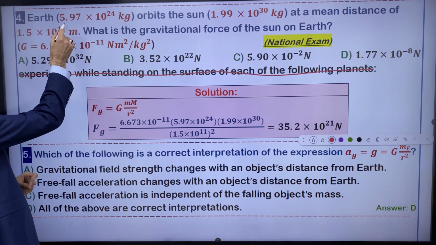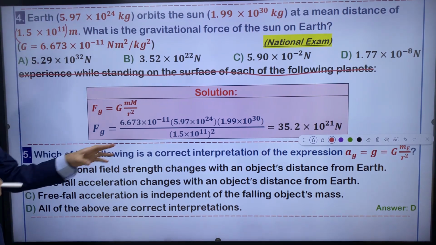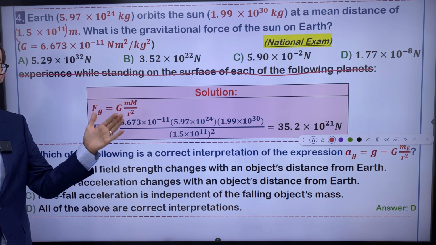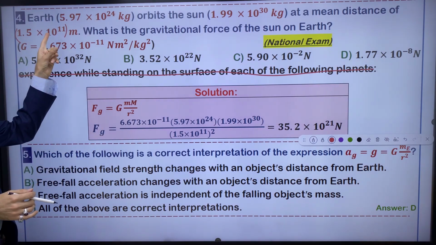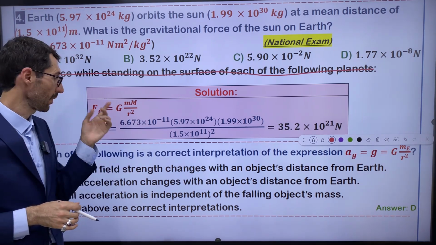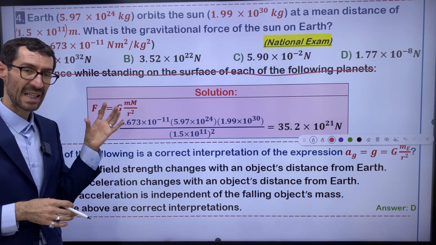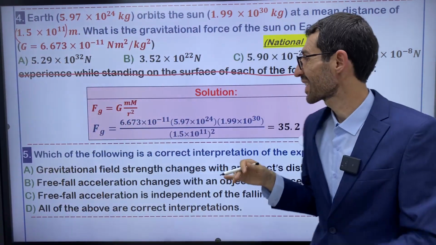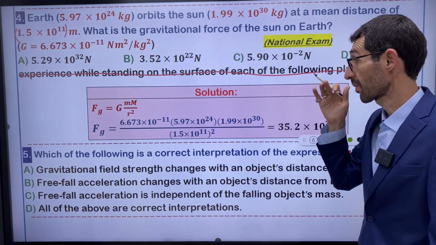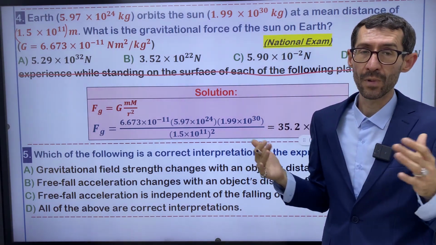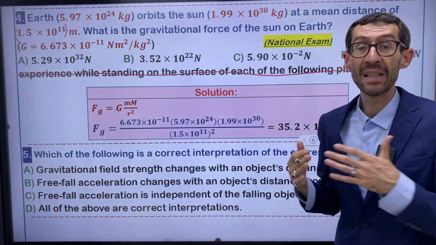The radius here means the distance between the center of sun and the center of earth: 1.5 times 10 to the 11, squared, right? Actually, R here stands for the distance between the centers of the objects, not the radius, because there are 2 individual, independent objects.